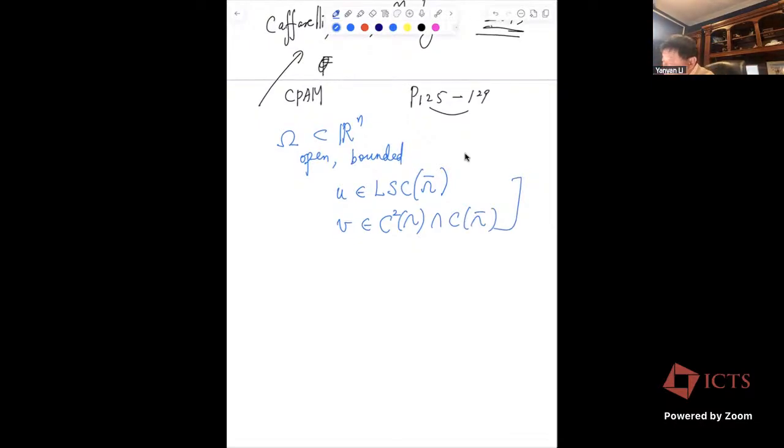And I will assume F is a second order elliptic operator.